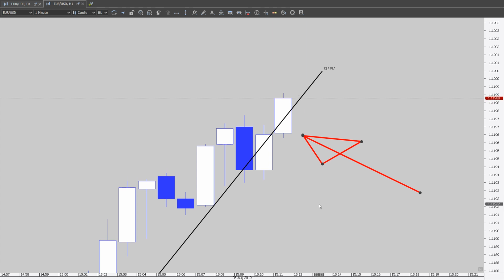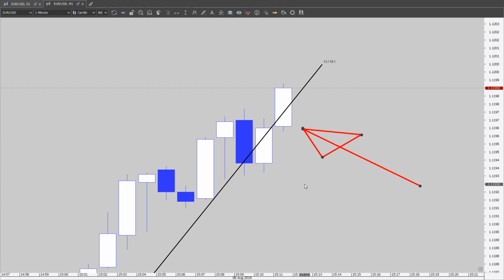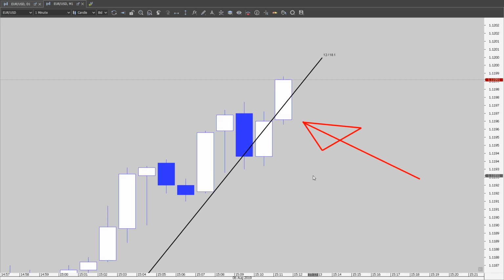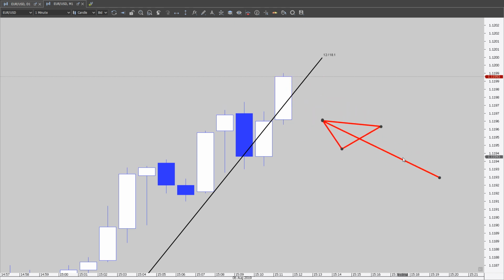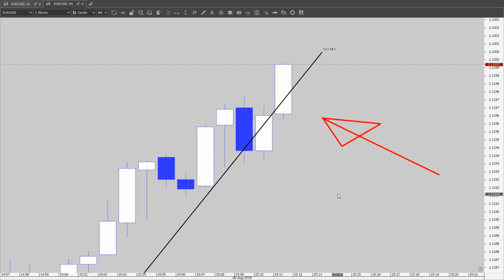You need to take a look at the market and adjust trend lines from time to time. Of course, maybe not on the monthly chart, weekly chart, and yearly chart. Relocate, yes sir. Let's wait for the market to close the 1 minute candle, and then we are going to adjust our trend line.